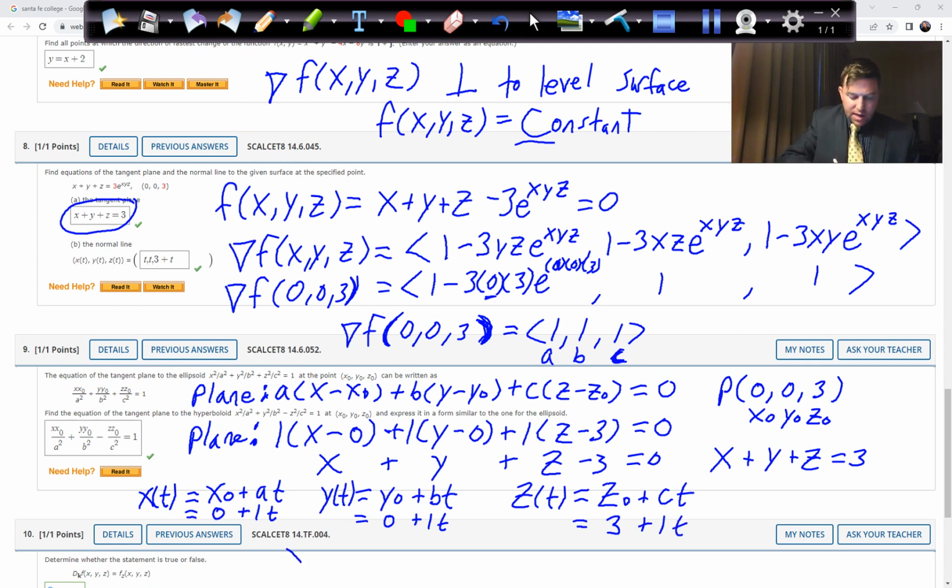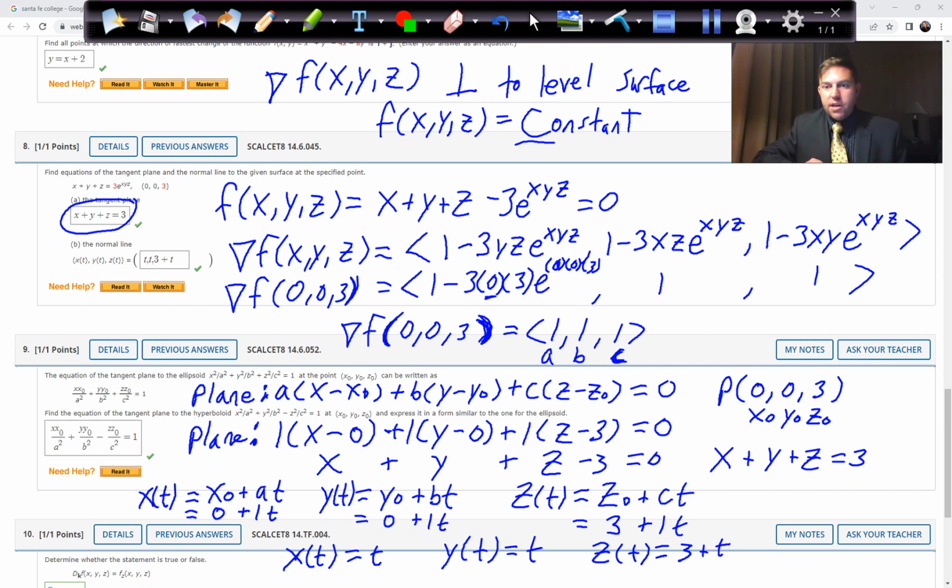So we're going to get x of t is just 1t, which we'll just write as t. And y of t is 0 plus 1t, which we'll just write as t. And then z of t is 3 plus t. Just dropping those leading 1 coefficients. And we wrote those here. So they want you to write those in point form, but use commas. So it's t, t, and 3 plus t. Okay, that's problem 8.